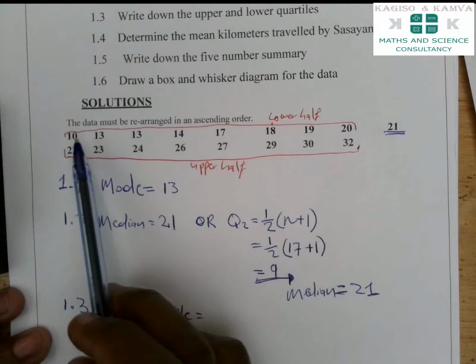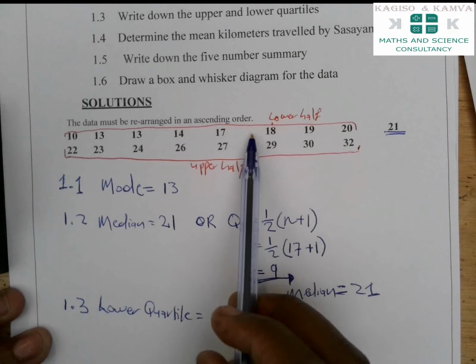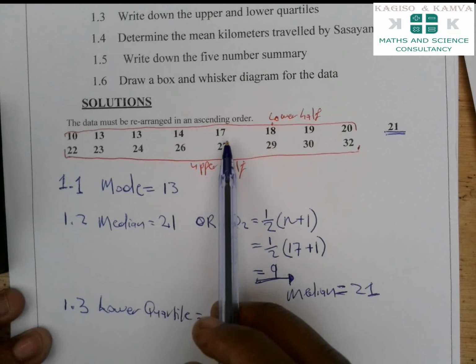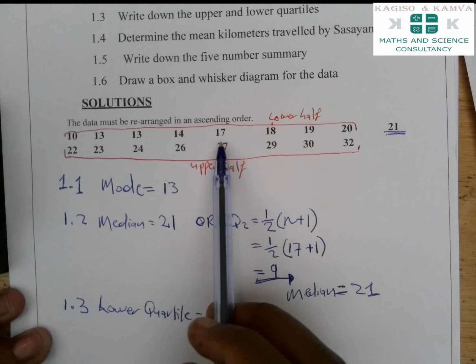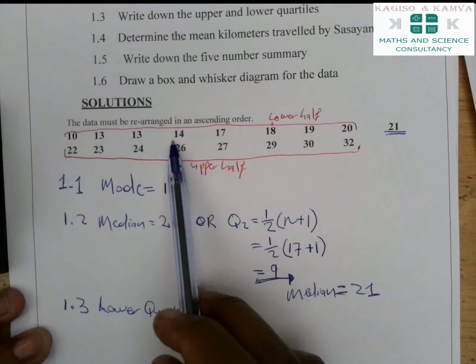We've got 1, 2, 3, 4, 5, 6, 7, 8. So here we've got an even number in the lower half. How are we going to get the median? That value will be between the fourth and fifth values. So we're going to add the two values and divide by 2.